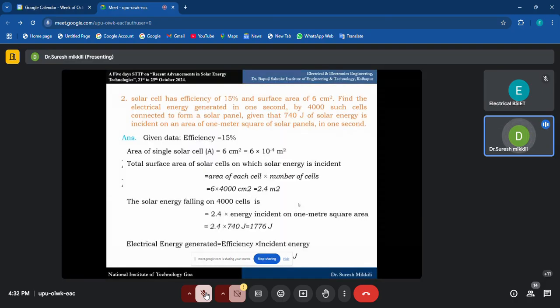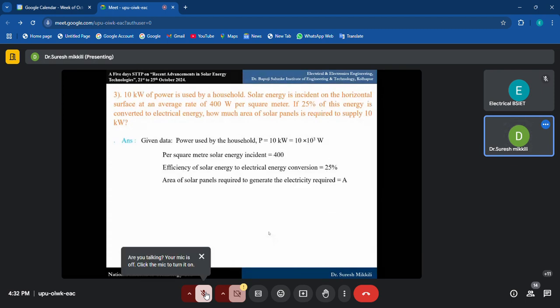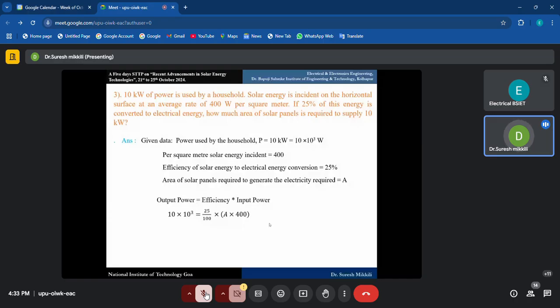If you don't know, I will explain. So how much is it? Output power is 10 kilowatt, efficiency is 25%. So input power is area into watt per meter square. How much A will you get?